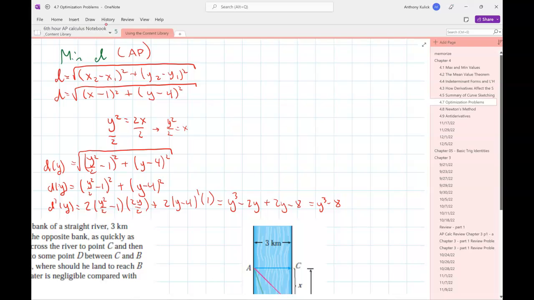Oh my goodness, we forgot to do something. What did we forget? Yeah, the domain up here. What are the feasible y's that I could plug into this function?